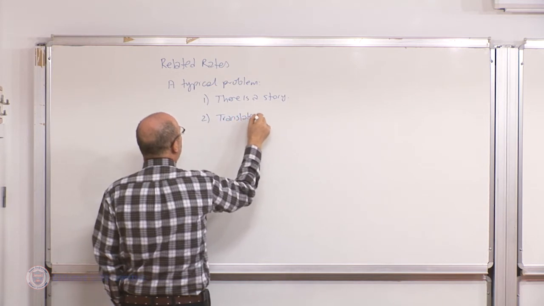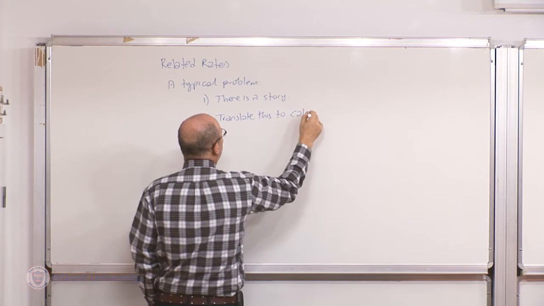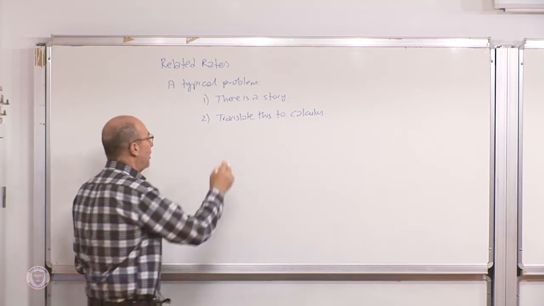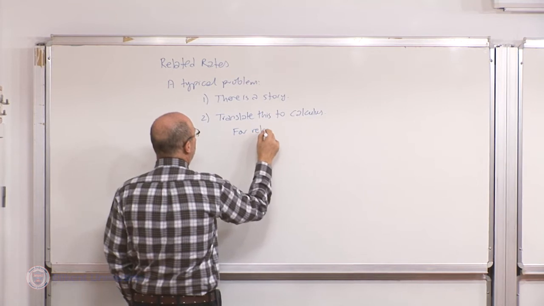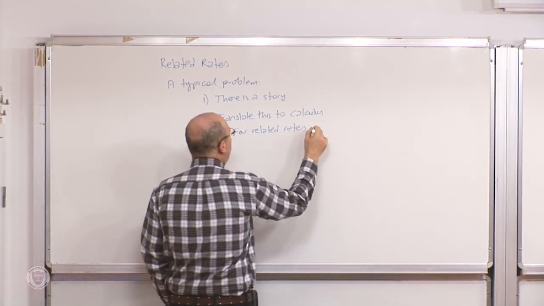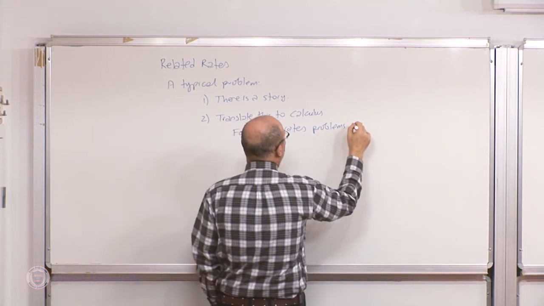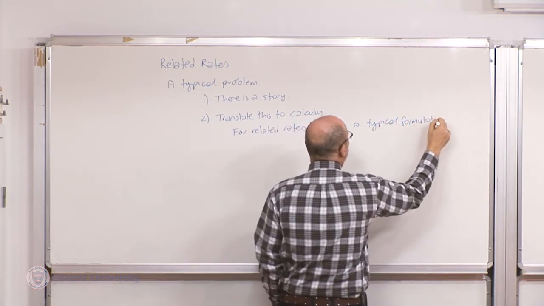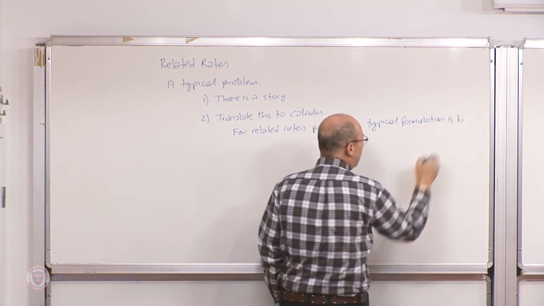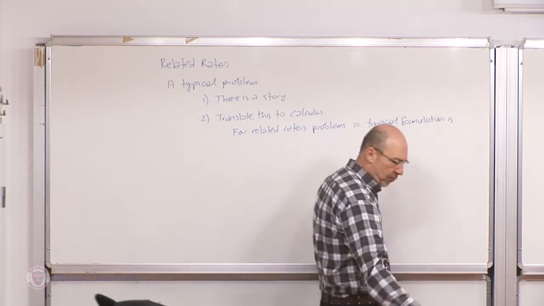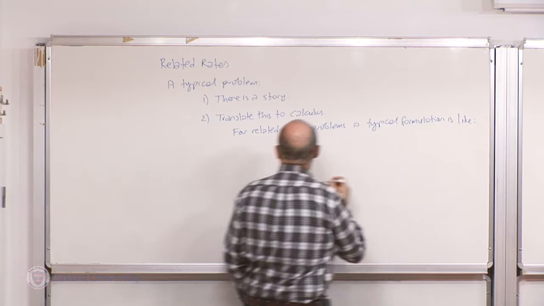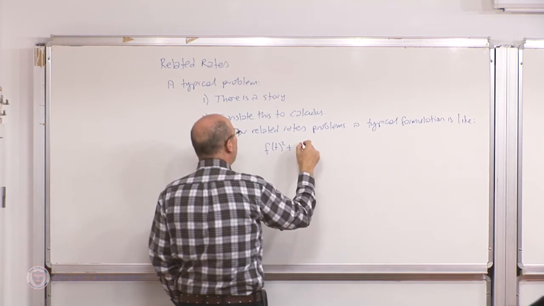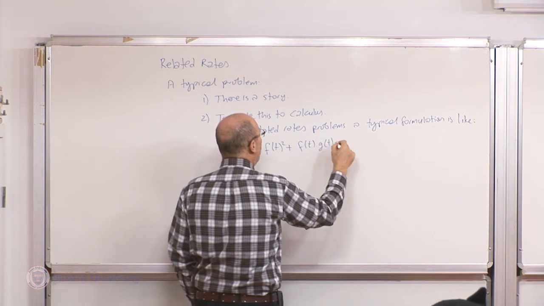Translate this to calculus. Well, for related rates problems, typically you will obtain a formulation like this: you have several variables, f of t squared plus, I don't know, f(t) g(t) equals constant, say.